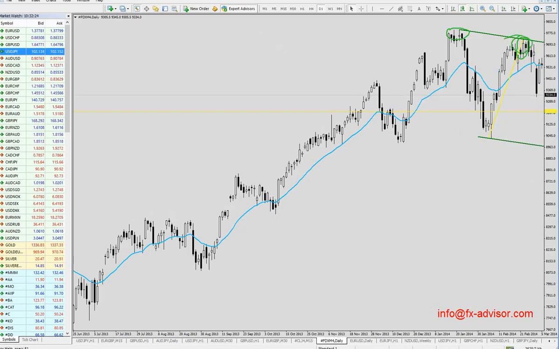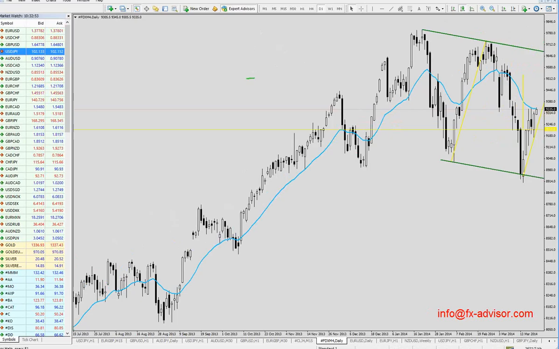Okay. So when I get this lower swing high, I was able to put my line here. First one, the trend line. Right? Okay. Then we make, again, a lower swing high.